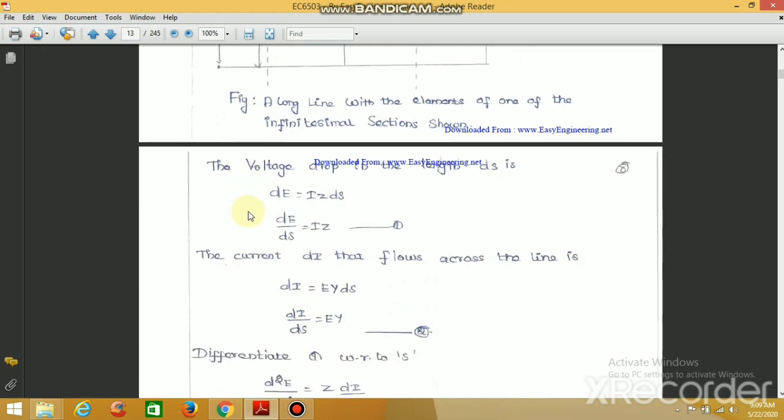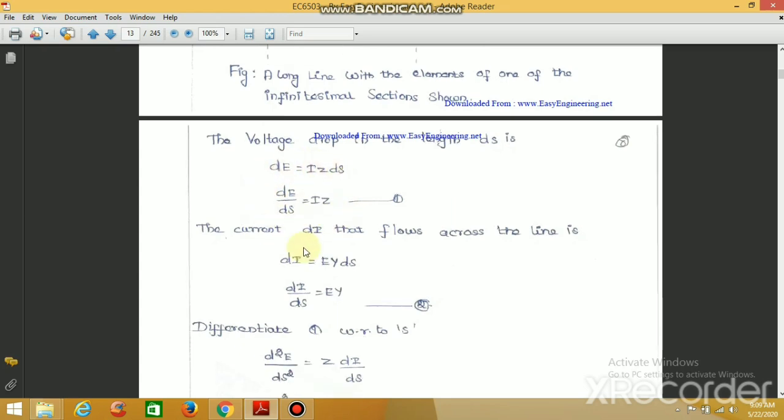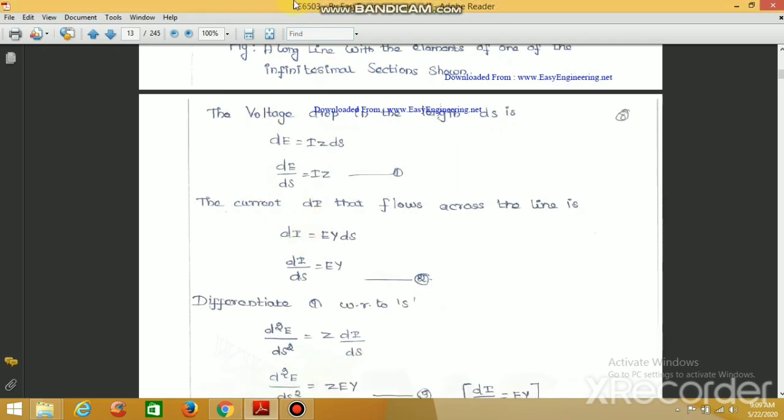Now we have to differentiate equation 1 with respect to s. So d square E by ds square is equal to z into dI by ds, and we know that dI by ds is equal to Ey.